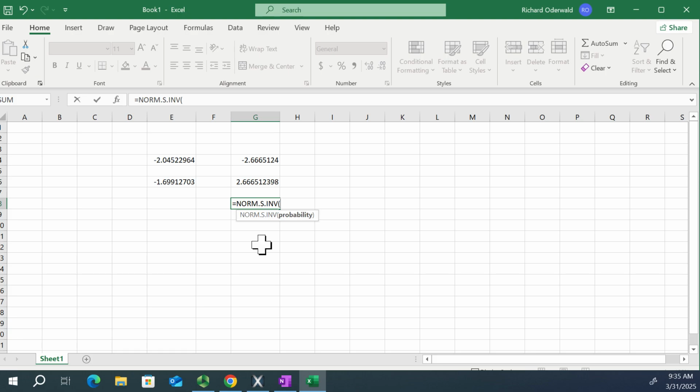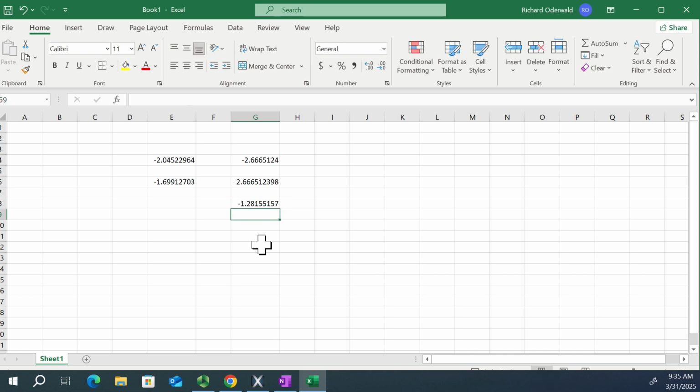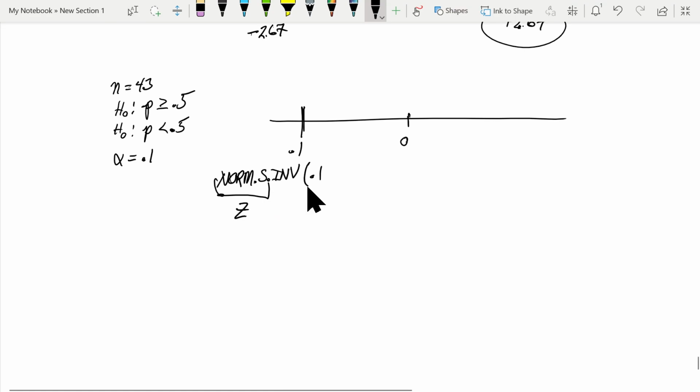There's no degrees of freedom for this. Put in 0.1. The critical value is minus 1.28. So if my experiment gives me an answer less than 1.28 negative, I'm going to reject the null hypothesis.